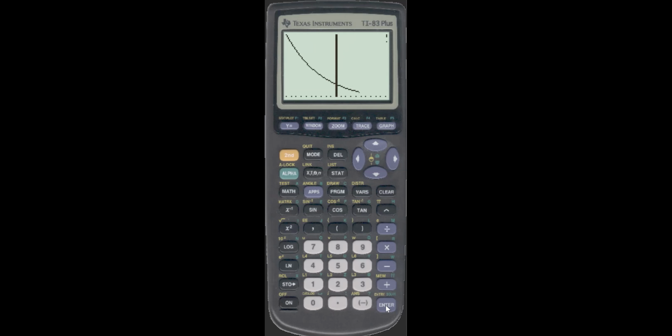Okay. Yeah, I got the same thing. And you get something like that. Now this is when you go to the window. The numbers you care about on the window are your X min and your X max and your Y min and your Y max. So we're going to change these up a little bit.